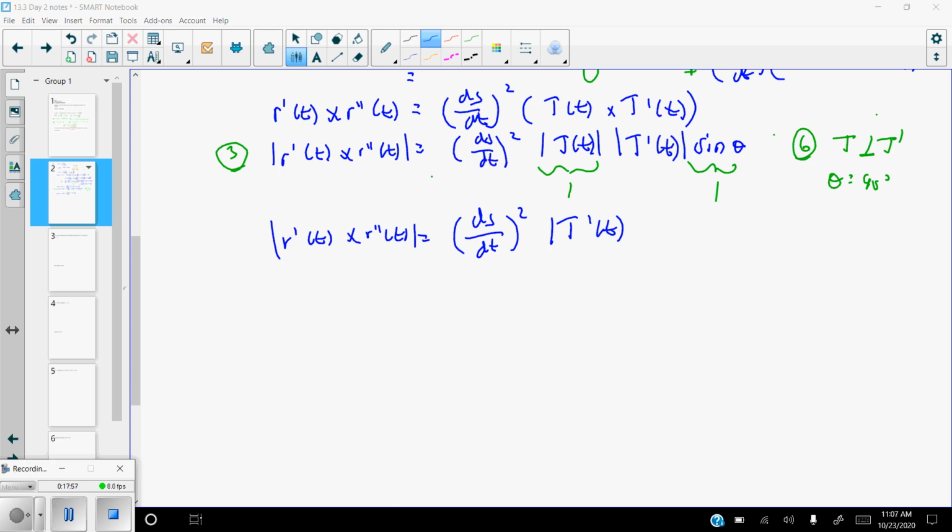All right, so what I have on the left side is really our numerator. So let's keep that in the numerator. Oops, forgot a magnitude there. So I'm going to solve this current equation for the magnitude of T prime of t.